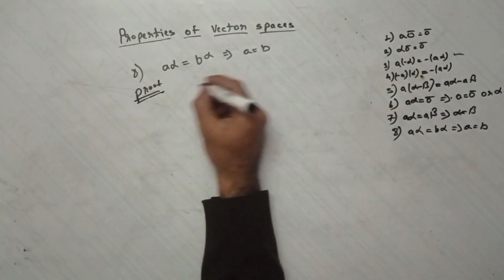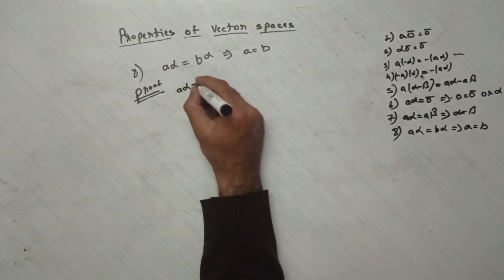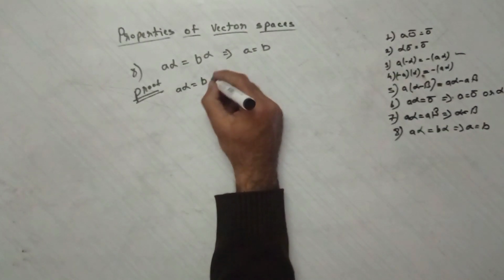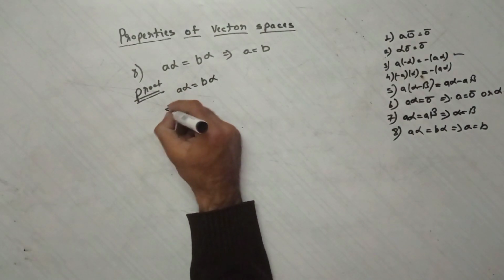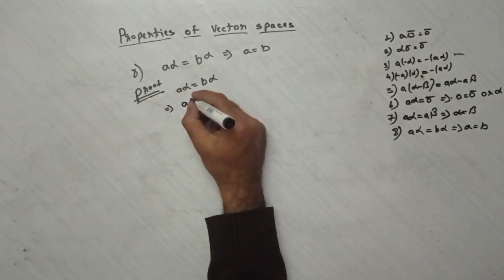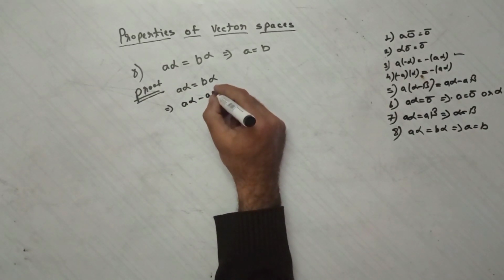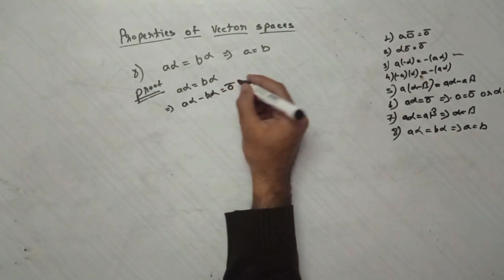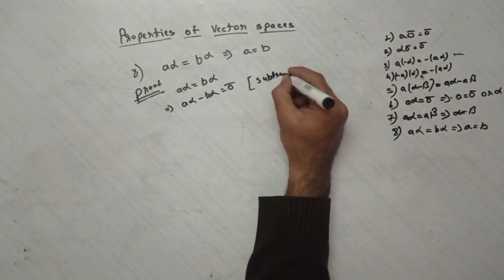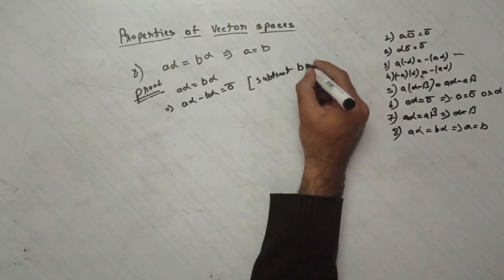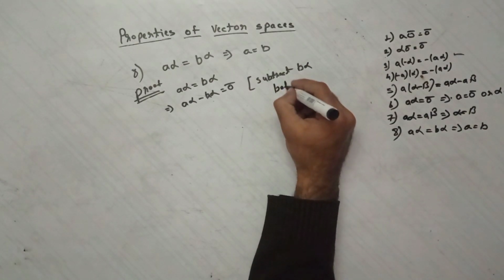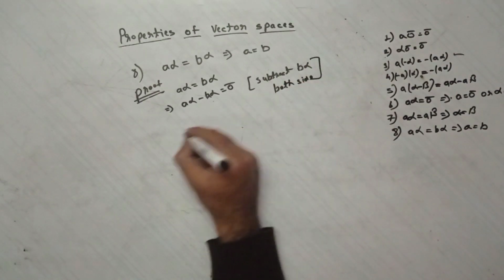Proof. Now we take this part: a alpha equals b alpha. We shift it over, so a alpha minus b alpha equals the 0 vector, subtracting b alpha from both sides.